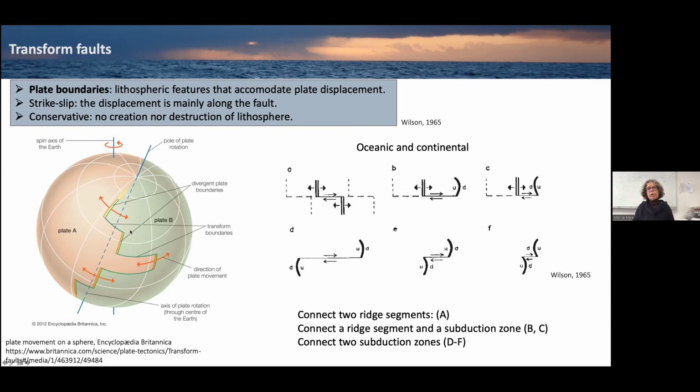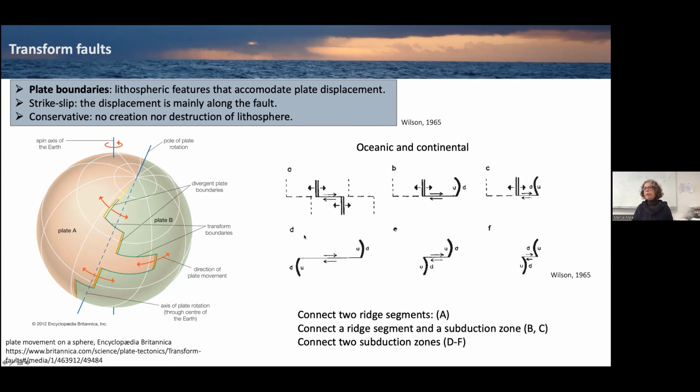Okay, so transform faults are strike-slip plate boundaries, which means that displacement is located mainly along the fault, and it's a conservative, or supposed to be a conservative, plate boundary, which implies that there is no creation or destruction of the lithosphere. And transform faults can be either continental or oceanic or transitional between both.